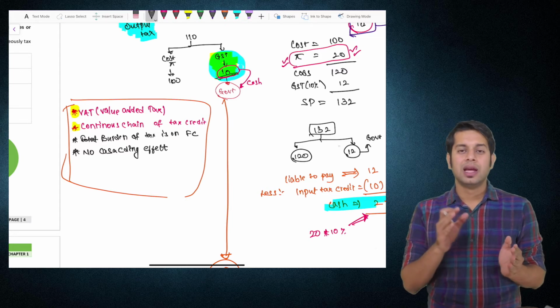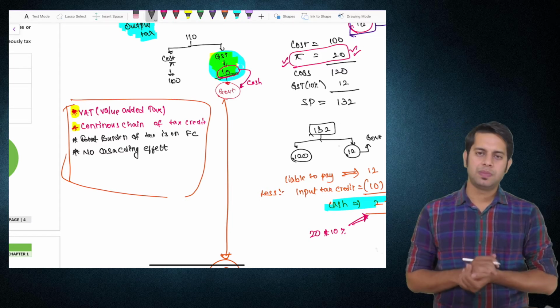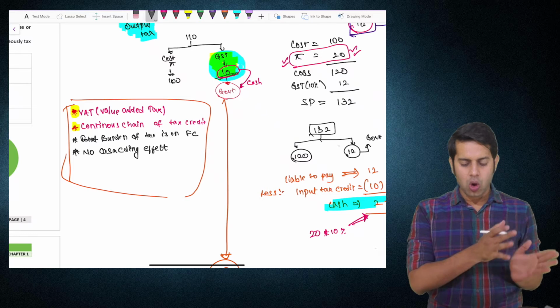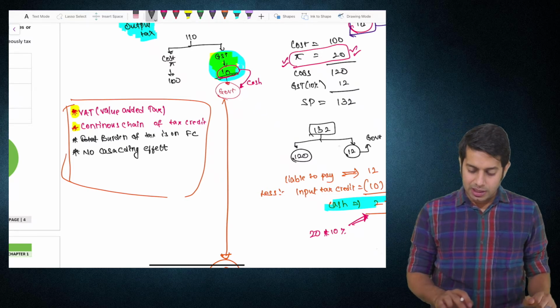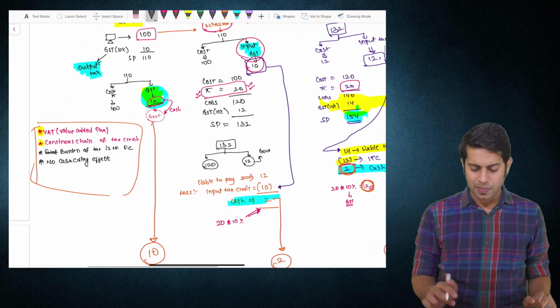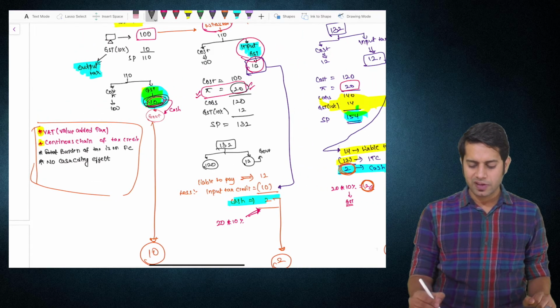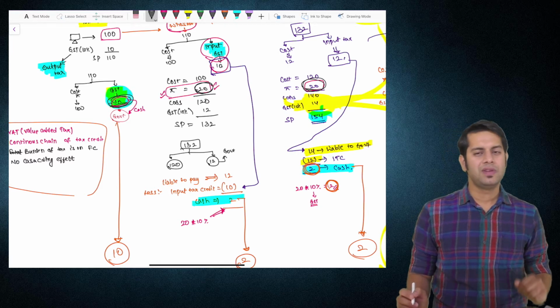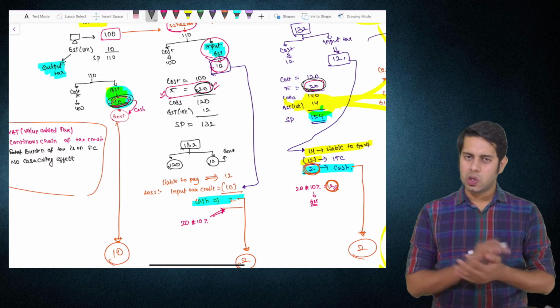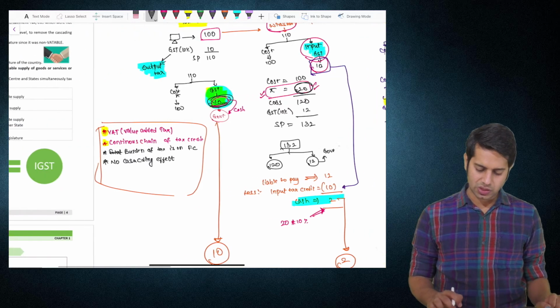What do you mean by this, sir? There is no tax on tax which is paid by the different people. All the different levels of people are not paying any tax on tax. Why? Because at every stage they are getting the benefit of the tax which they paid in the previous stage. Therefore, there is no tax on tax under GST.